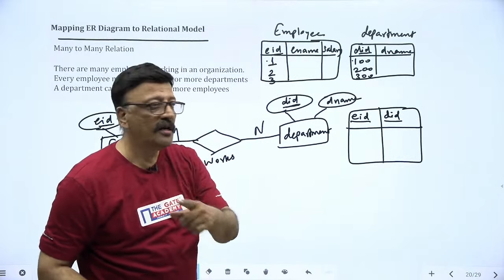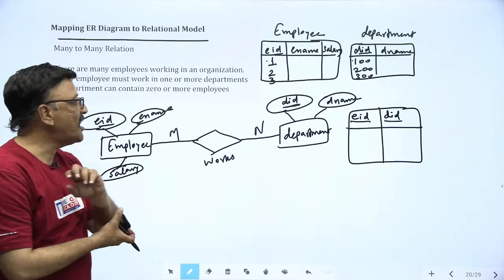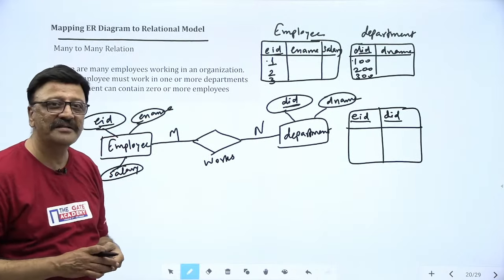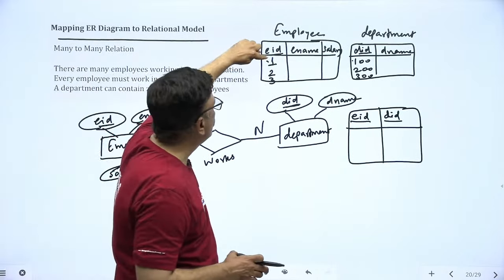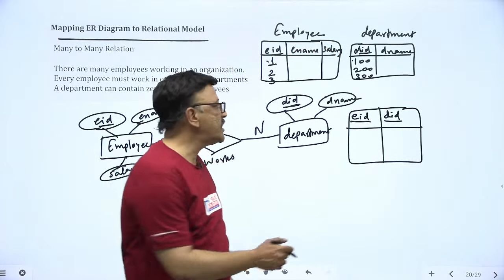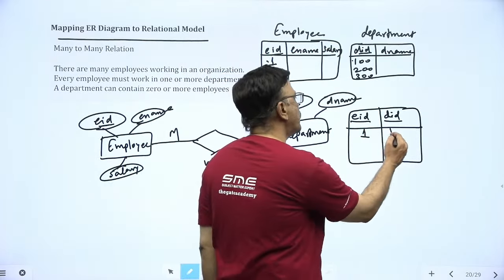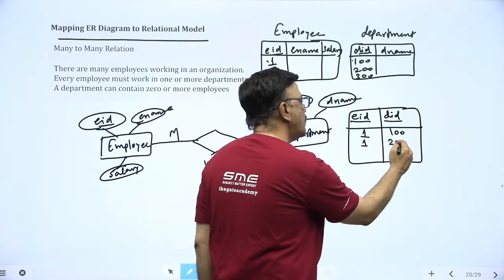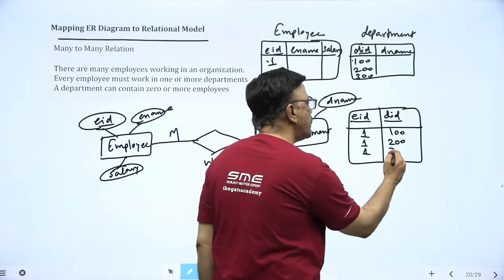I told you this is a very harsh organization where an employee can work in many departments. What if this person 1 works in all the 3 departments? How are you going to record that? You will say employee number 1 works for 100, this department. Employee number 1 works for 200. Employee number 1 works for 300.